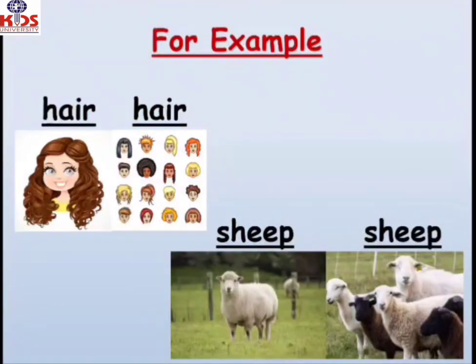Such as, the plural form of hair is also hair. We do not add s here, we only say hair in plural form also. In the same way, the plural form of sheep remains sheep. We will not add s here.